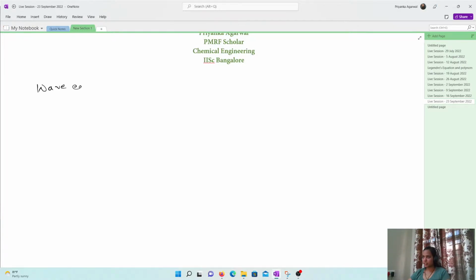So the wave equation, if we write it in one dimensional form, is of the form u_tt minus c squared u_xx equals 0, where x belongs to R and t is greater than 0.